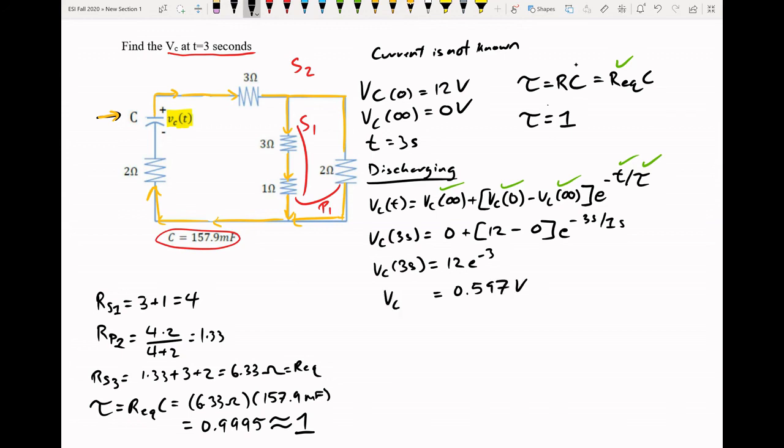So there is your capacitance voltage at 3 seconds. So there we go. Just knowing the switch operations and the capacitance values at the initial and the final will really help you solve these problems.